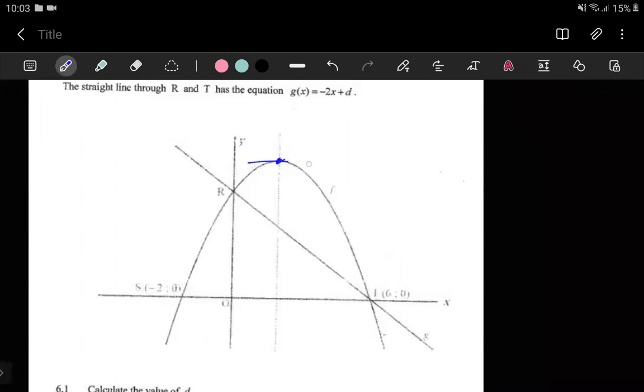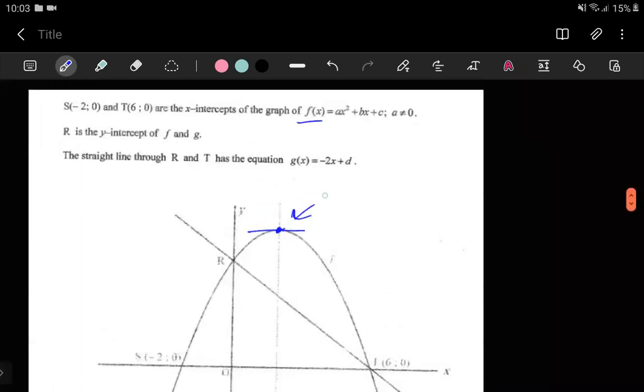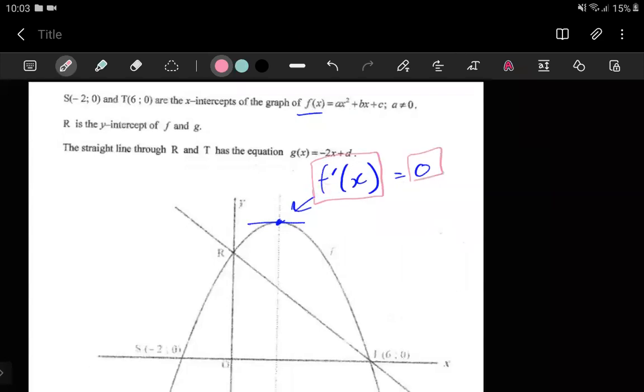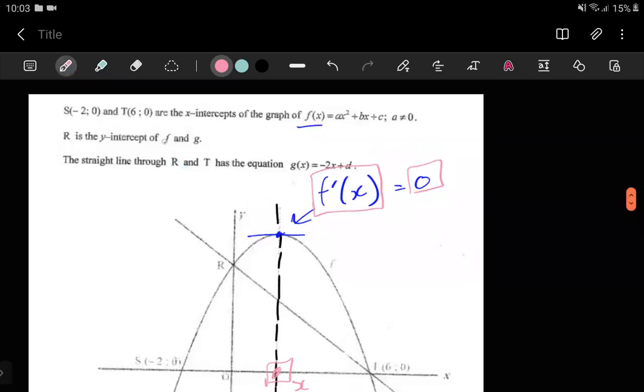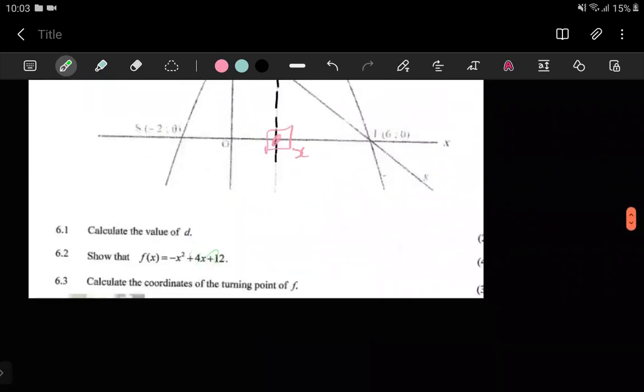Your turning point here is a point where your gradient will be equal to 0. So if you can get your gradient equation and make the gradient equal to 0, you will be able to find the x value of the turning point, and if you have the x value, you can easily get the y value of the turning point using your equation, because if you throw an x value into the equation of your graph, it gives you a y value.